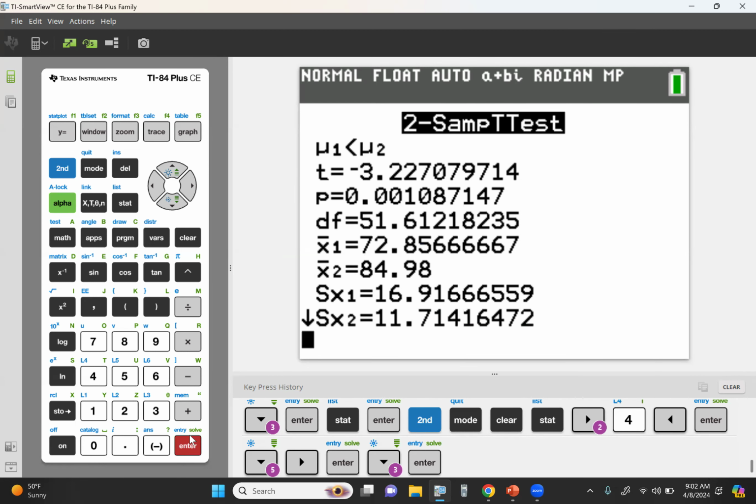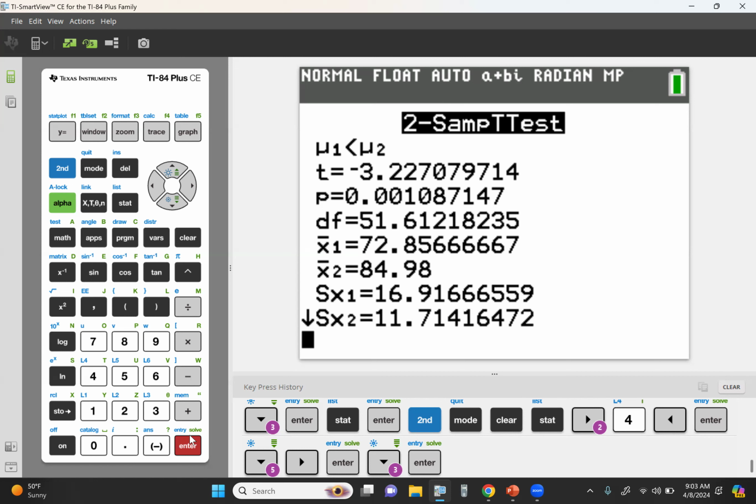For the face-to-face group, 85. The standard deviation for the online group was 16.9. The standard deviation for the face-to-face is 11.7. So not only do you see that the average is lower for the online group, their standard deviation was larger, so there was more variance in their scores. So if you looked at the range, you would see that the range was higher.